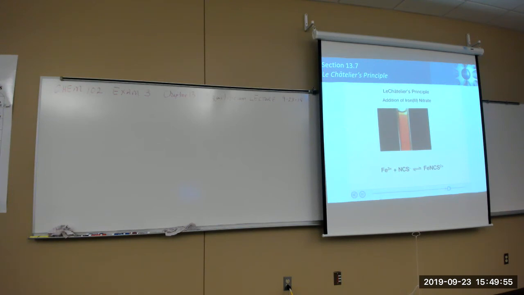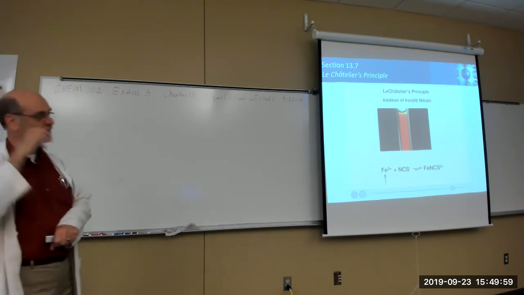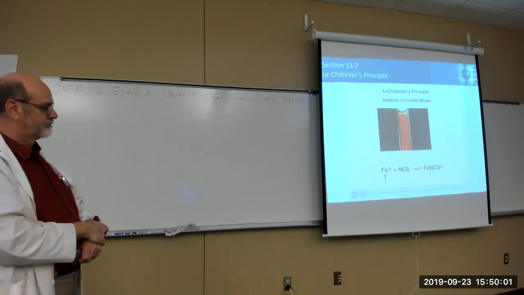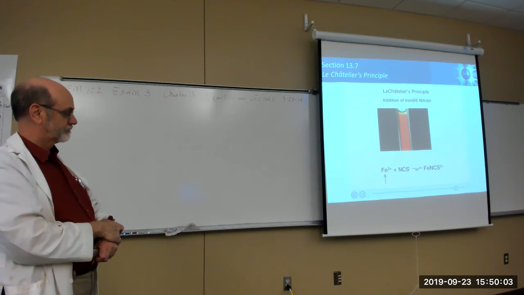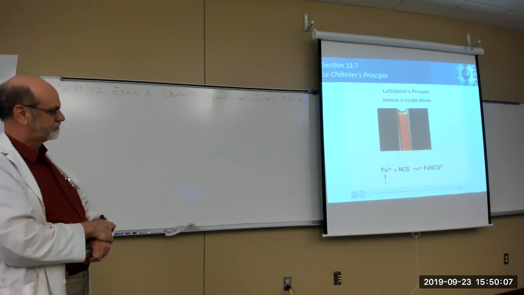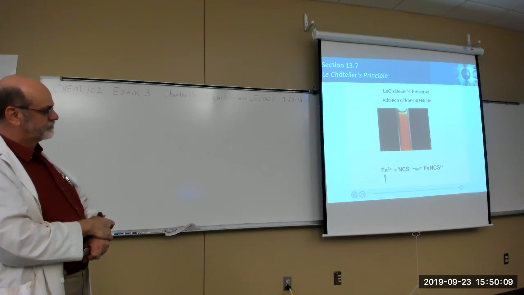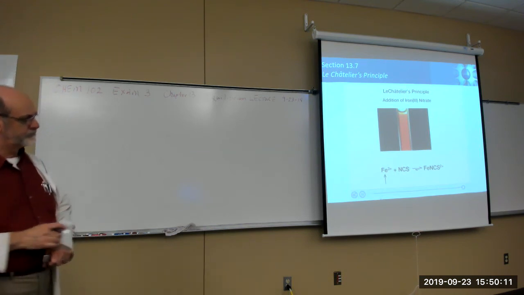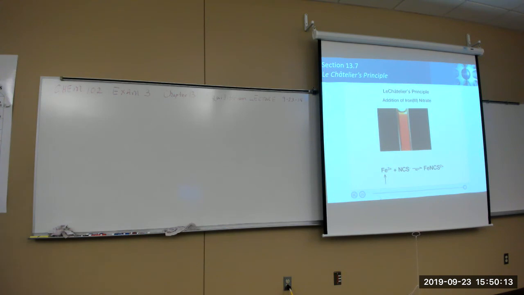Based on that reaction, it goes to the right because we added more iron to the system. The equilibrium shifts toward the product since the iron 3 nitrate is a source of iron 3 ions, one of the reactants in our equation. As a result, more of the iron thiocyanate ions are formed and the solution turns redder.